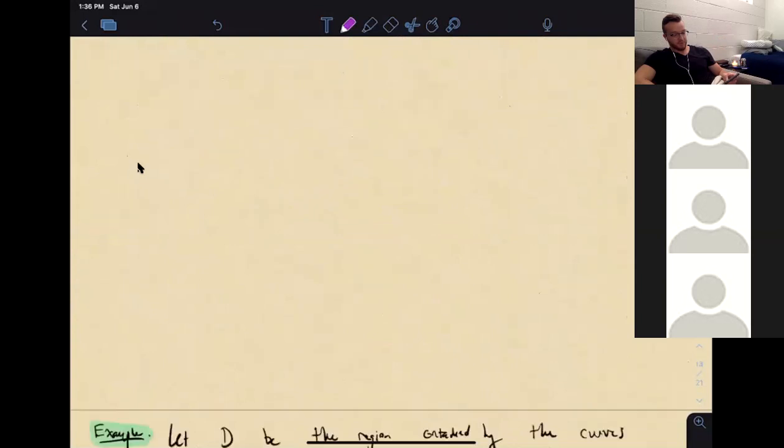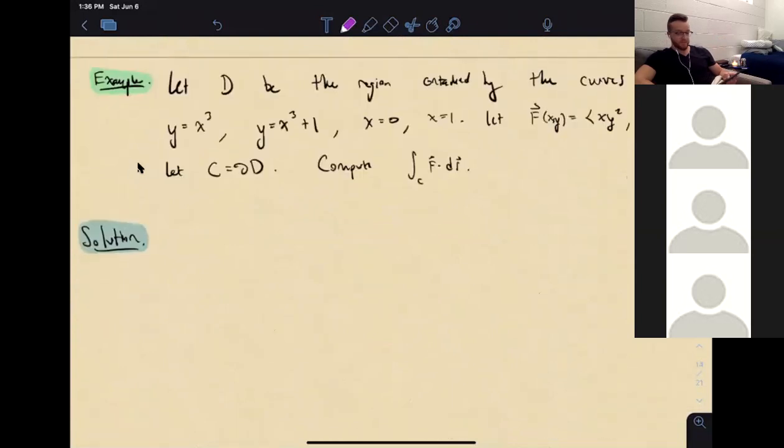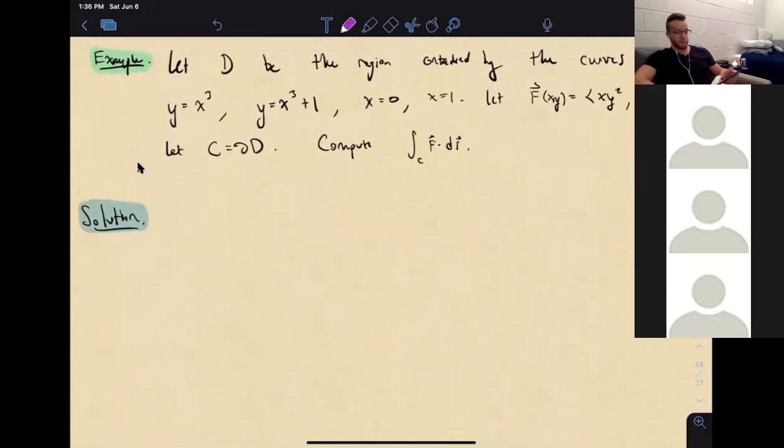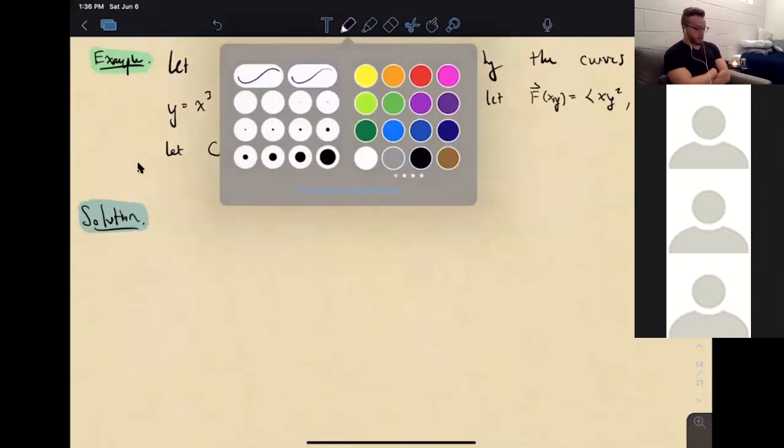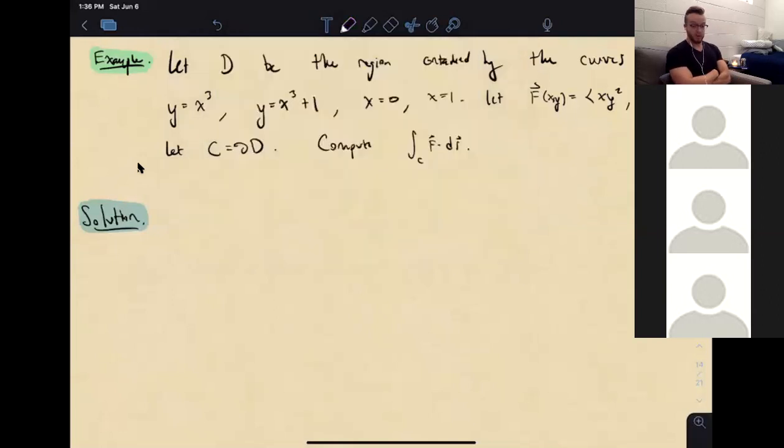Which one were we going to do next? Thank you, though. Thanks for pointing that out. We were going to do this one. Okay, so let D be the region contained by the curves y equals x cubed, y equals x cubed plus 1, x equals 0, and x equals 1.